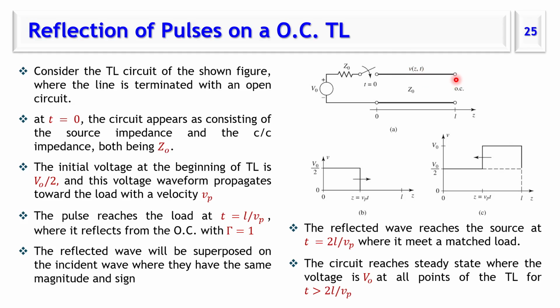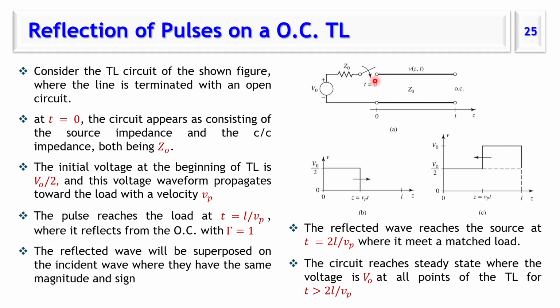At the time of L over VB, the signal reached here. It meets an open circuit. For the open circuit, the reflection coefficient is +1. So another wave, a backward wave, started at the time of L over VB, and it is propagating backward.